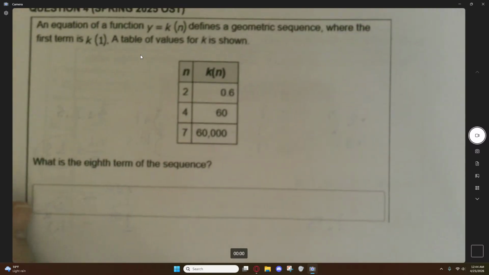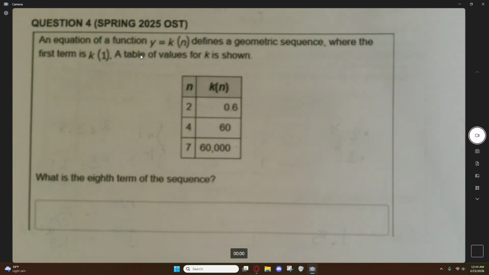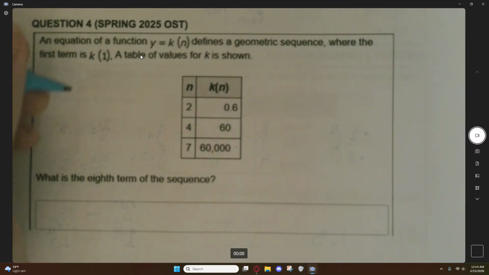Question 4. An equation of a function y equals kn defines the geometric sequence where the first term is k1. A table of values for k is shown. What is the 8th term of the sequence? So, here's how you would do this.